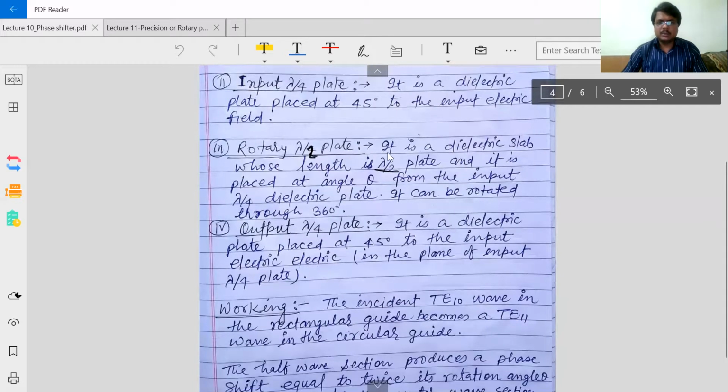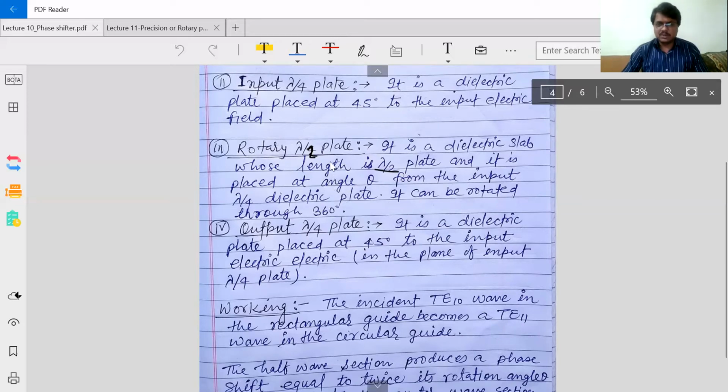The rotary lambda by 2 plate is a dielectric slab whose length is lambda by 2, placed at theta from the input lambda by 4 dielectric plate. It can be rotated through 360 degrees.